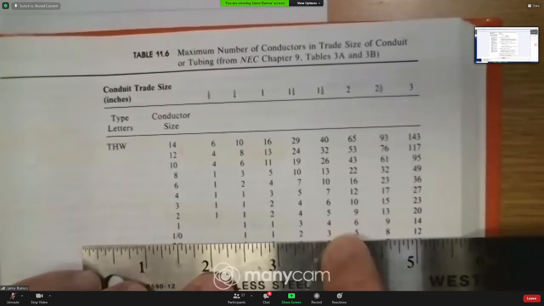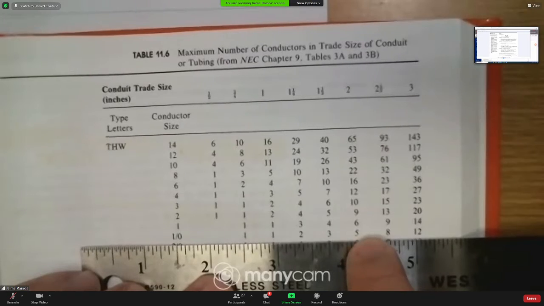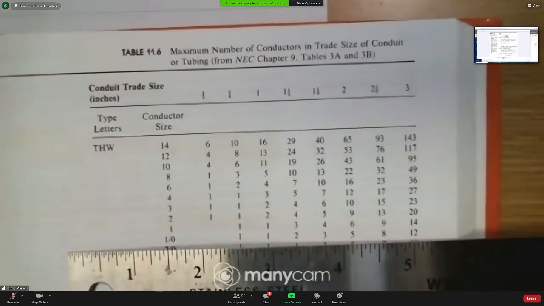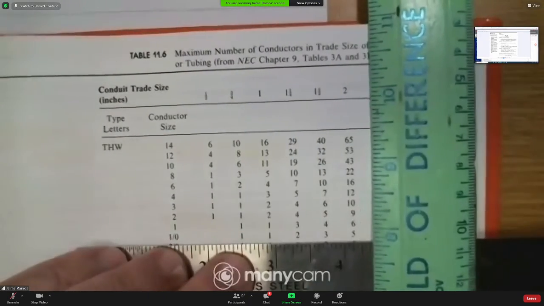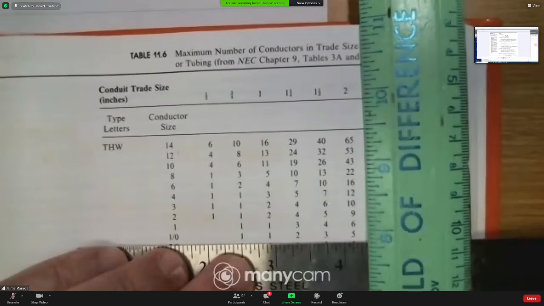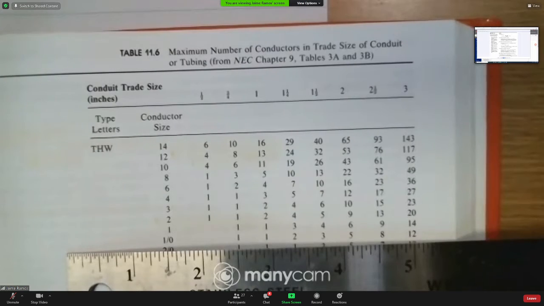So then it's going to be 1 1/2. 4 conductors, sorry, it says 4 conductors. So if we put 3 conductors, we can use conduit 1 1/2. If we put up to 5 conductors, we can put conduit number 2. 4 conductors, including the neutral.